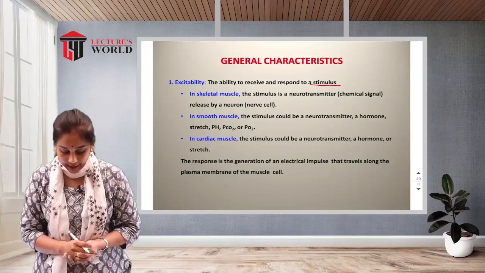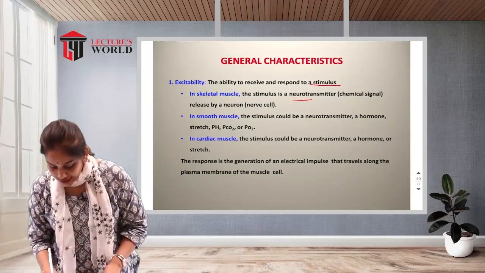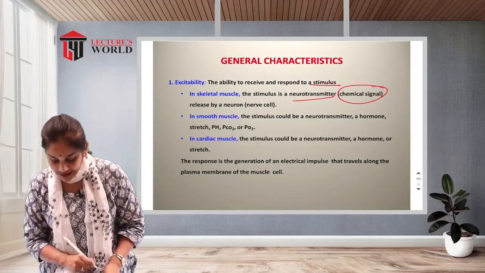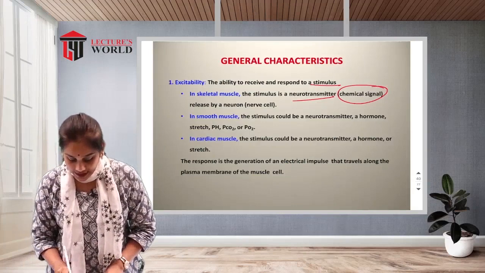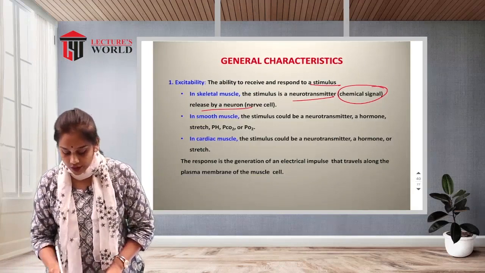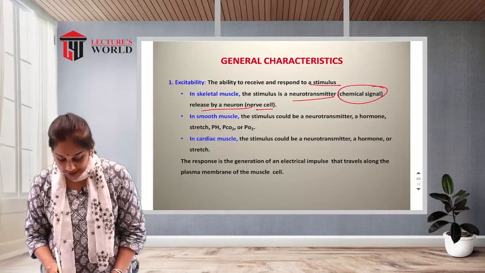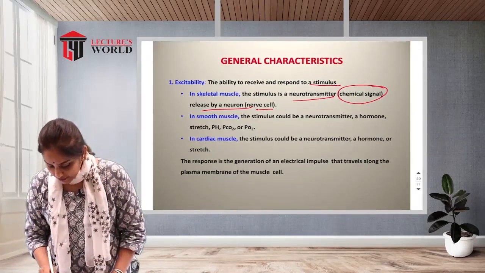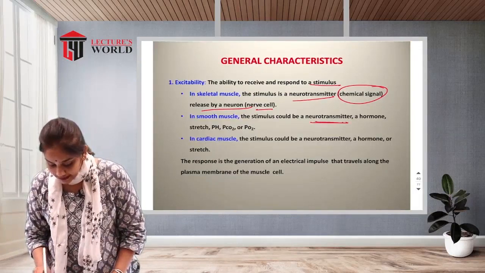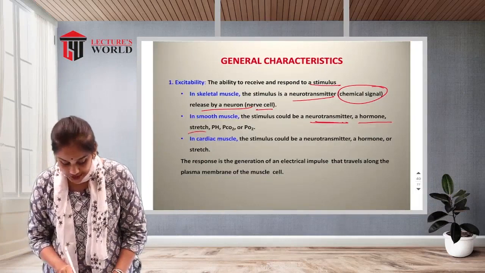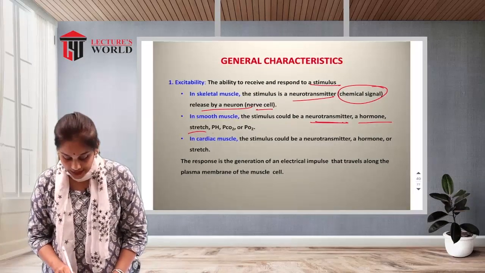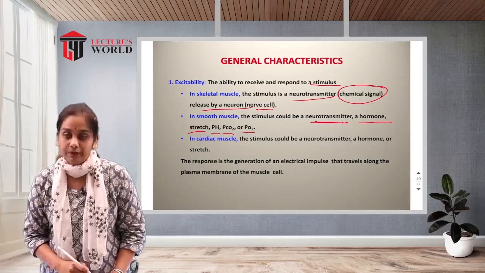So in skeletal muscle, the stimulus is a neurotransmitter, a chemical signal released by a neuron or nerve cell. In smooth muscle, the stimulus could be a neurotransmitter, hormones, stretching, the pH, the PCO2 and PO2.